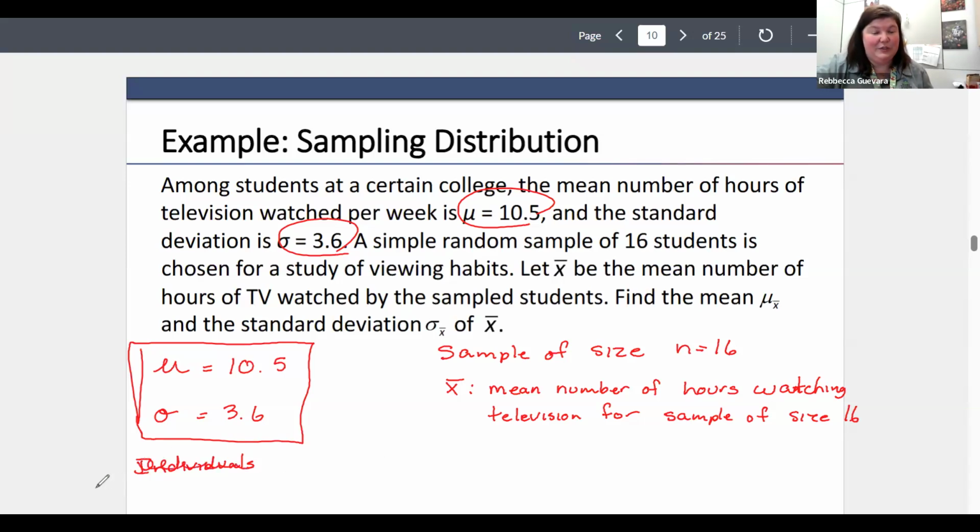Remember, this was individuals. We're looking at x's here, and my x's represent just hours, the number of hours watching television for an individual. All my x's are just individuals we looked at. Here we're looking at x bars, so they're means of samples.